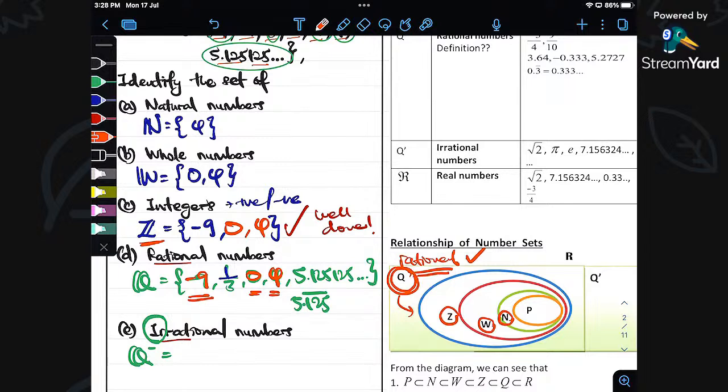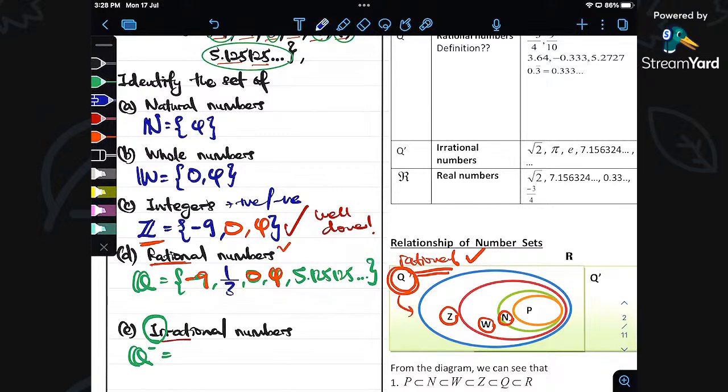Sebab dia juga dipanggil sebagai rational numbers. Cumanya, some of you might have confusion, madam, why is it also 1/3 then? Kenapa 1/3? Kenapa juga 5.125? So dua nombor ini kita ada nama. Okay, kita ada nama untuk dia.